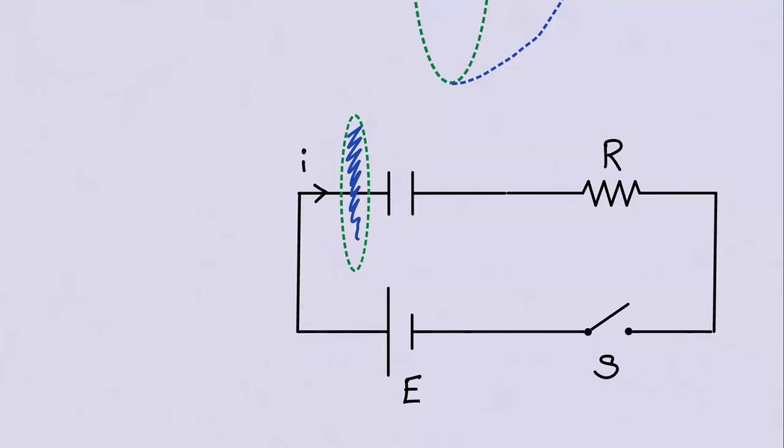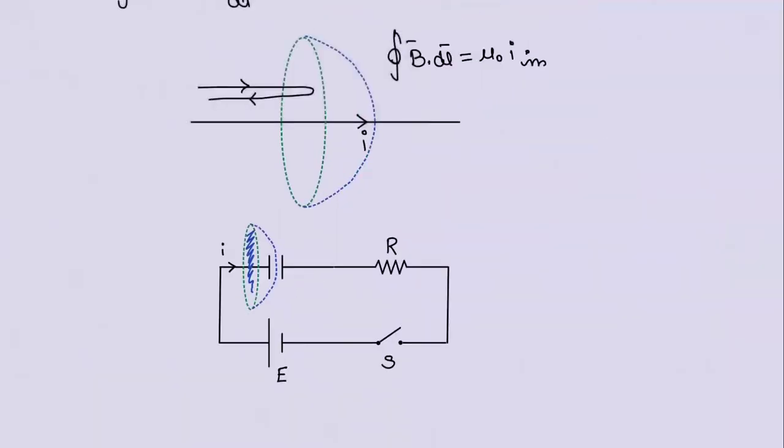So definitely current is passing through. But if I take this surface like a hemispherical bowl kind of thing, there is no current passing through, right? That's the point where Maxwell found a flaw.